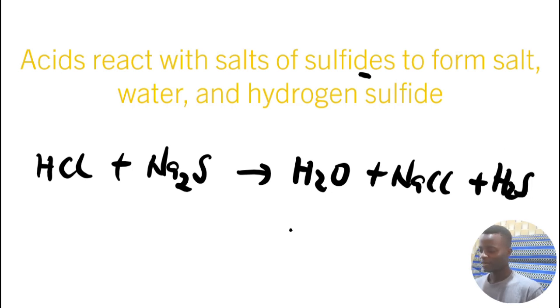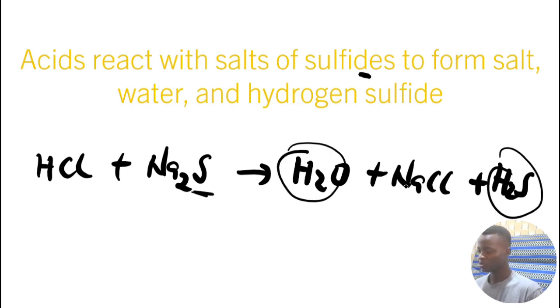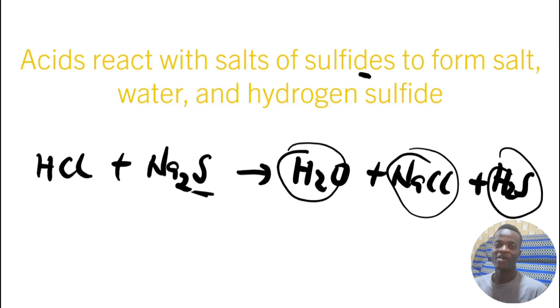The salt can vary. That's why we just say salt. A combination of metal and non-metal is going to give you a salt generally. So when you are able to get the constant products like water and H2S, then you just use the rest to form the salt through rearrangement of simple atoms.